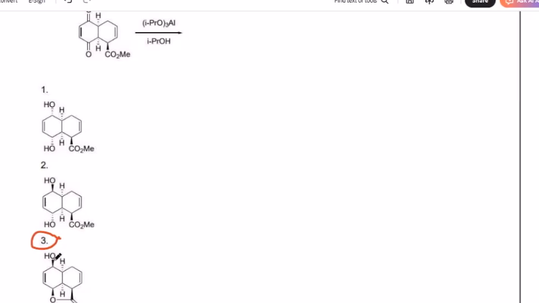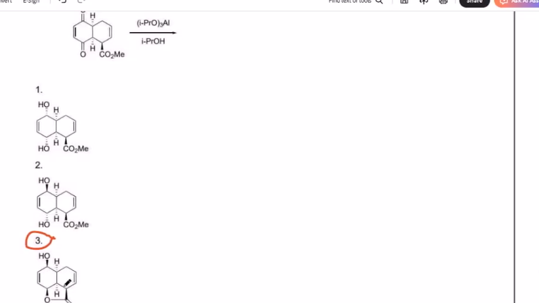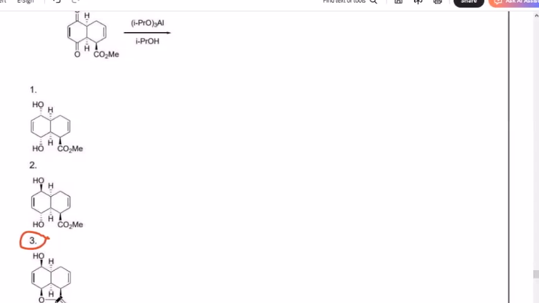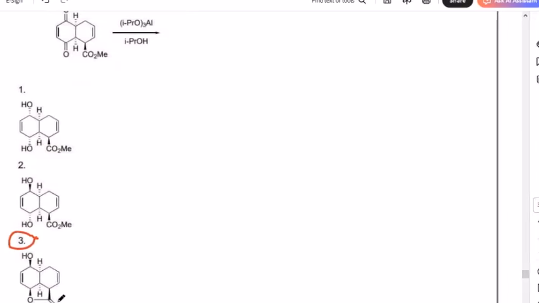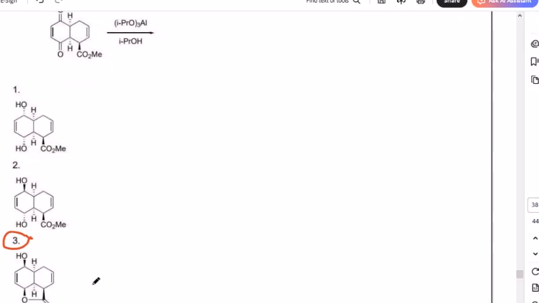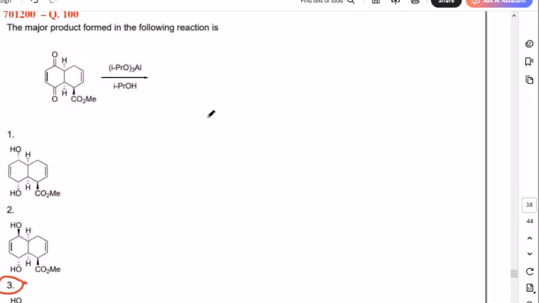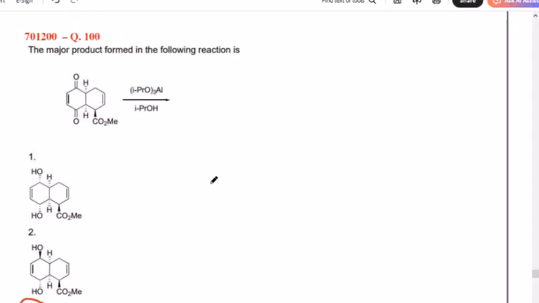This phenol is isolated, so it is not going to undergo any further reaction, whereas this ester and alcohol are adjacent to each other, so it is going to give the lactone. So option number 3 is the correct option, friends, right? So it is a reduction reaction.